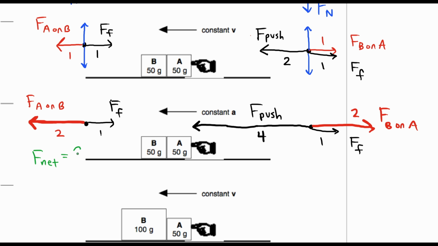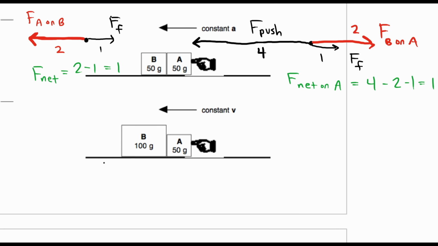So his net is 2 minus 1, which is 1. And this block A's net is going to be 4 minus 2 minus 1, which is also 1. So they have the same net force on them, so they'll both accelerate the same way.